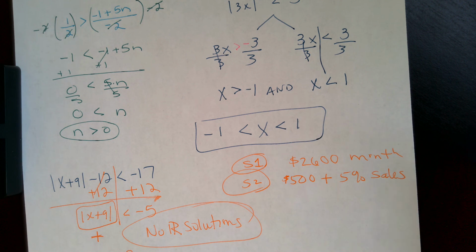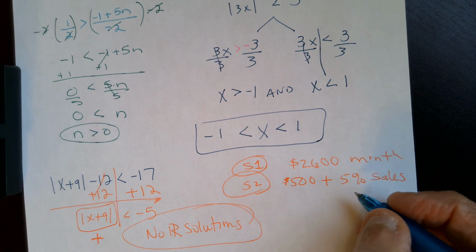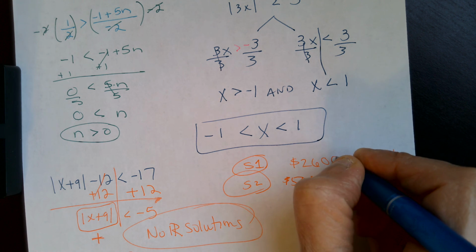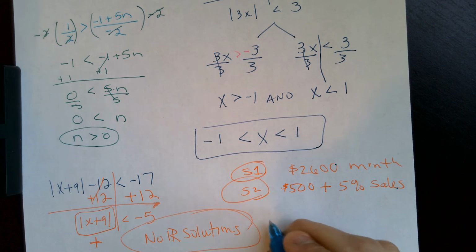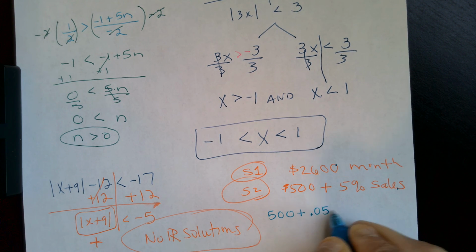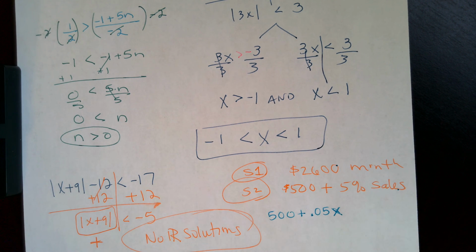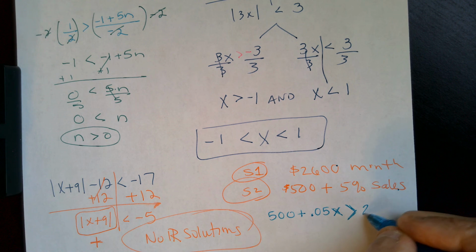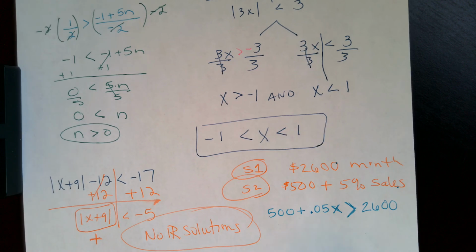Okay, so let's get an inequality. So we want to know when this will be bigger than this. So I'm going to write that. 500 plus, change it to a decimal, 0.05 of the sales. We'll just make x of sales. When will that be bigger than my $2,600 straight up that person gets?